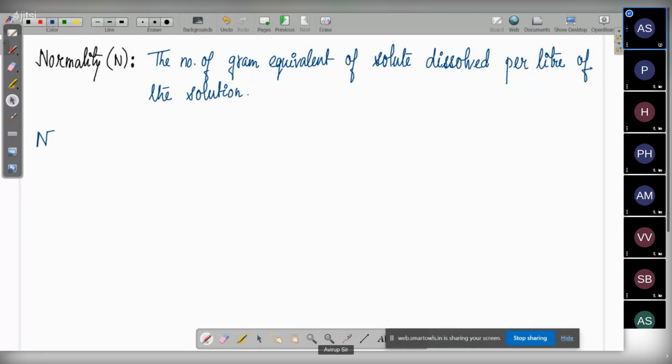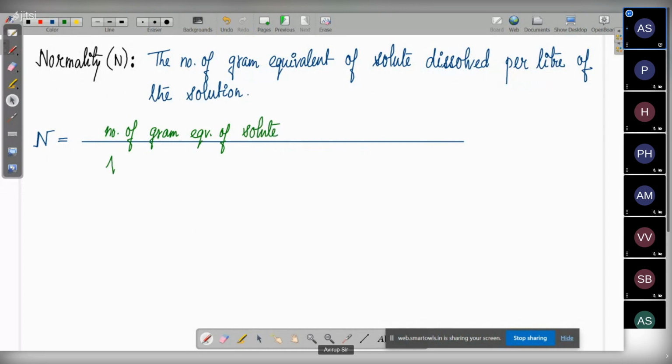So normality, denoted by capital N, is equal to number of gram equivalent of solute divided by volume of solution in liters.